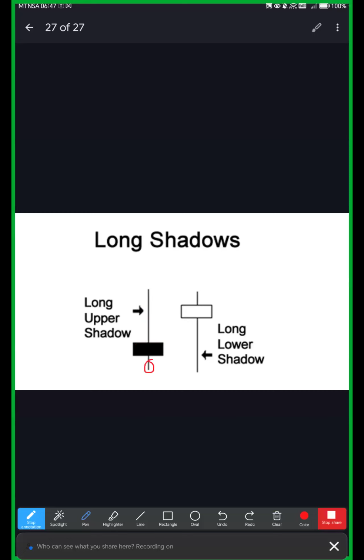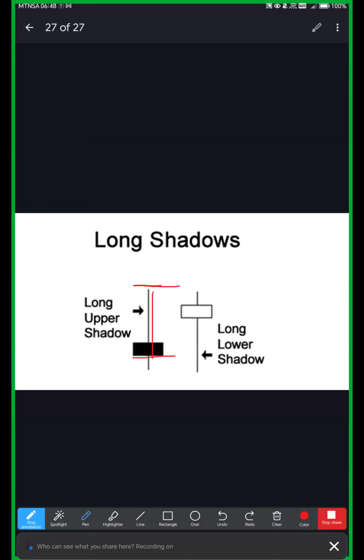If a candlestick has a long upper shadow and a short lower shadow, this means that buyers flexed their muscle to bid the price high. The price went up to this level as the highest price. When the price opened here, it went high up there.